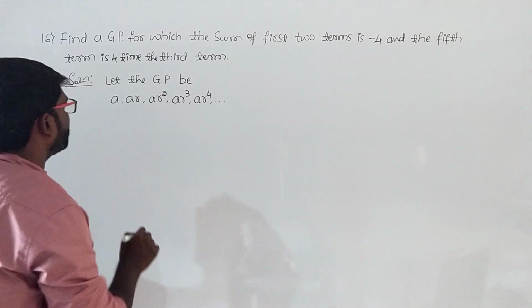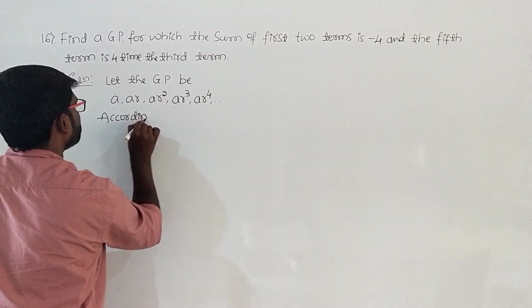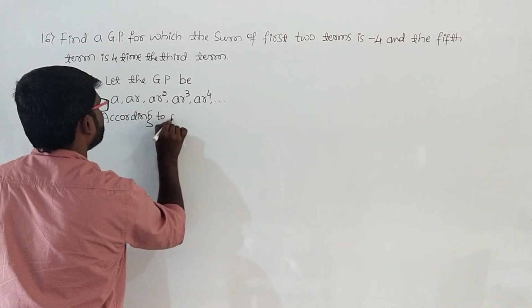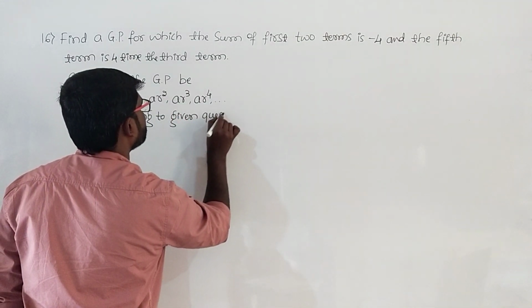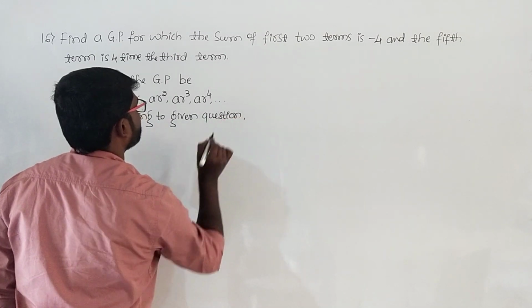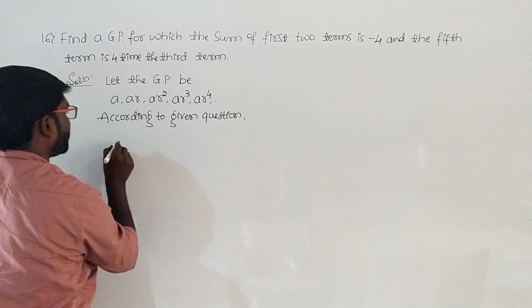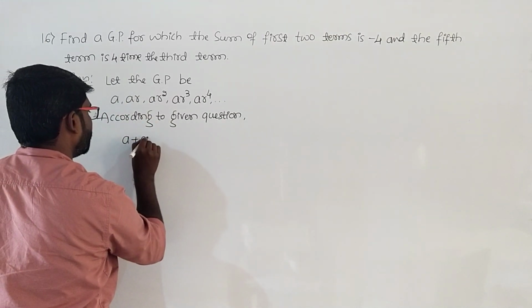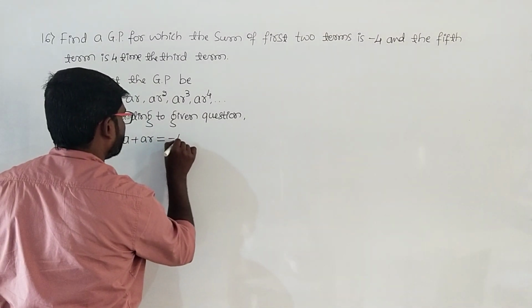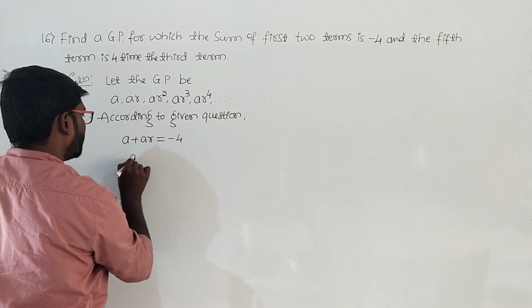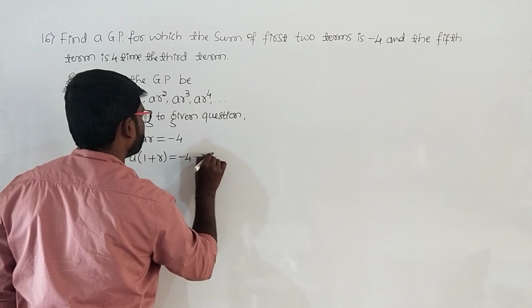So according to the given question, the sum of first 2 terms, it is A plus AR, which is equal to -4. So take A common here, you get A into 1 plus R equal to -4. Call this as equation number 1.